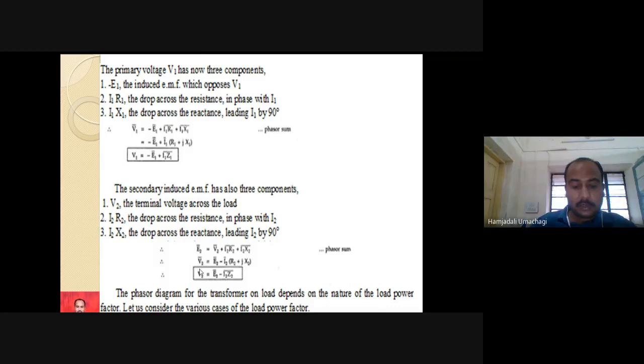So now the load terminal voltage V2 is equal to the total available voltage E2 minus the drop across the secondary resistance and the drop across the secondary reactance. Is it clear, all of you? Yes?